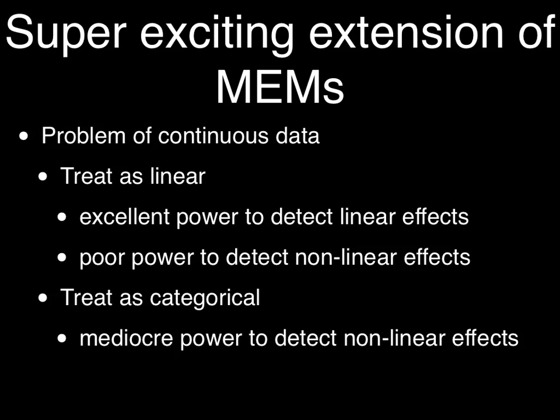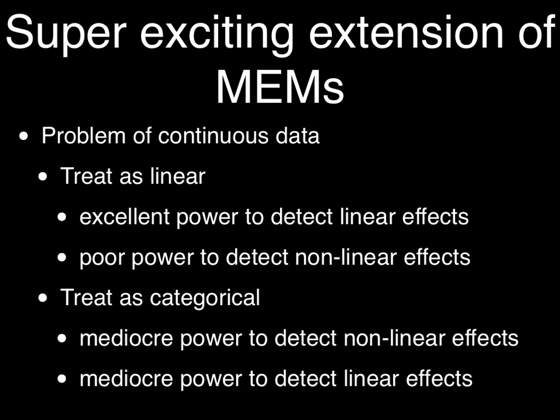If the data is actually nonlinear, this will have mediocre power to detect nonlinear effects, a little bit better power than if we just treated things as linear. But it will also have mediocre power to detect linear effects. So you've got this annoying dilemma that you have to make this a priori decision with regards to the likely linearity of your data. And it really vexed me for a long while how to deal with this.